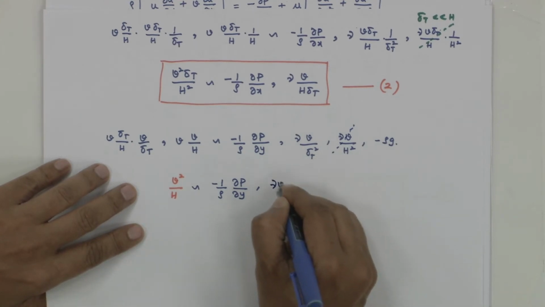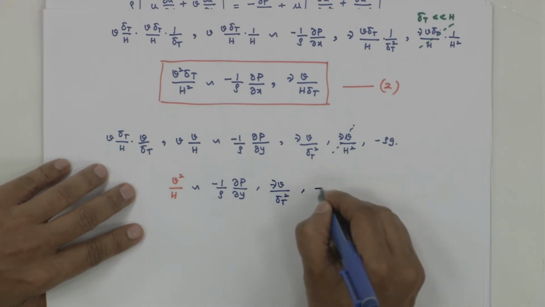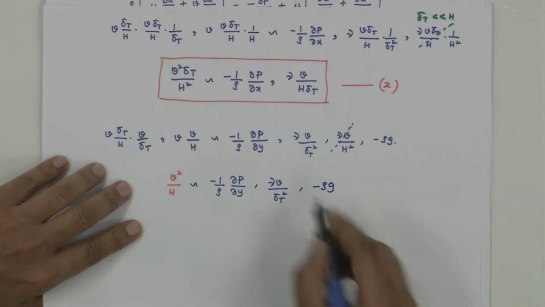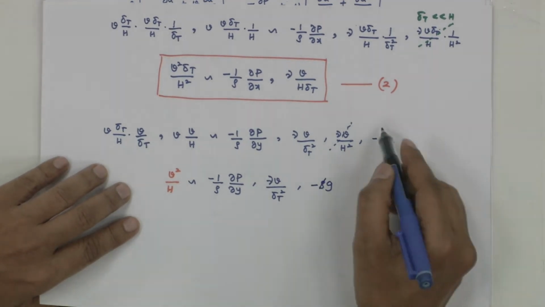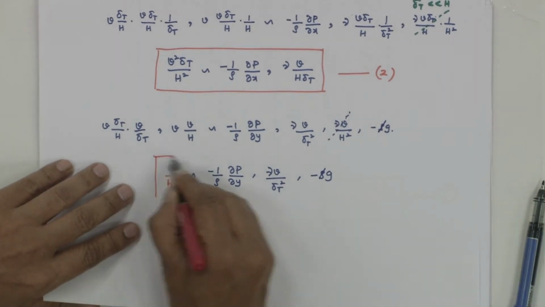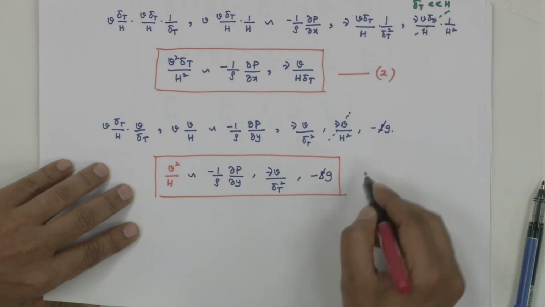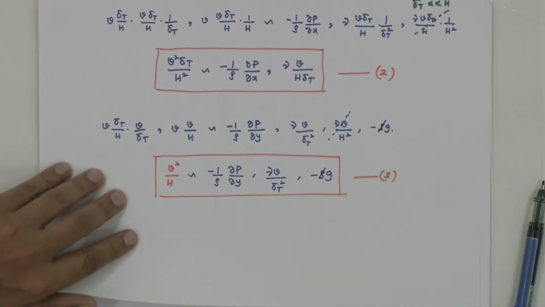Comma, nu V by delta t squared, comma, minus g. No, rho wouldn't be there because I have divided it by rho. So you get this as equation 3.